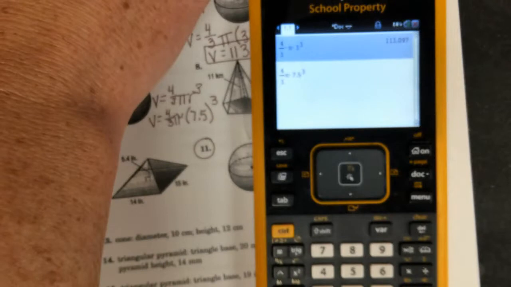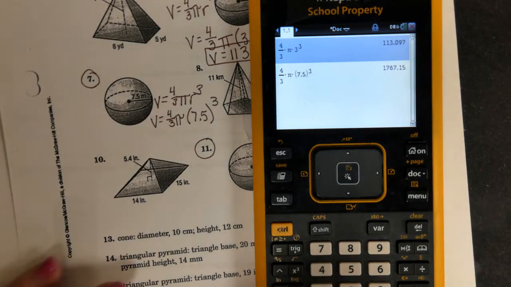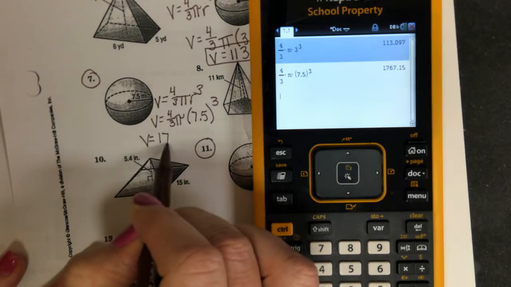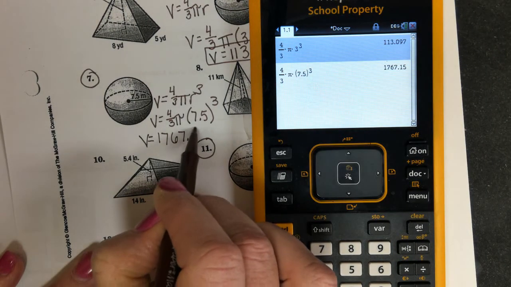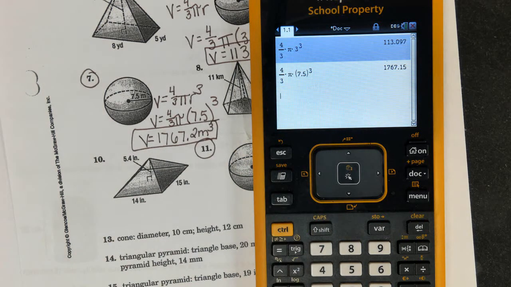Now, really important, I know you may be like, I don't want to take these notes, I'm going to go through really fast, but you've got to make sure that we're getting the right answers with our calculator, because that's where we're probably going to make our errors. And so our volume here is 1,767.2 cubic meters. Okay?